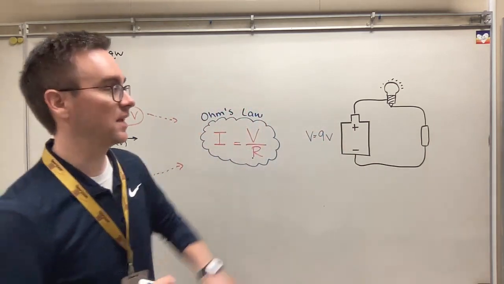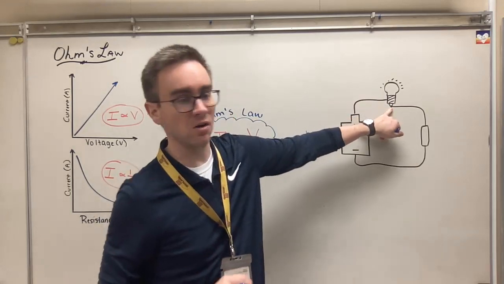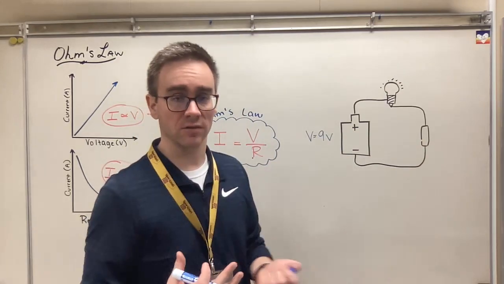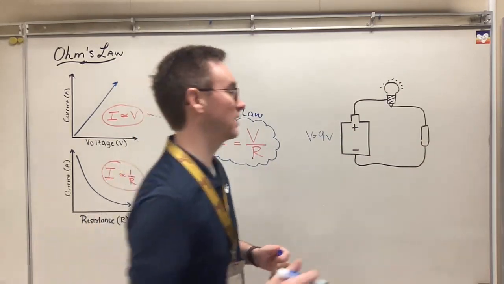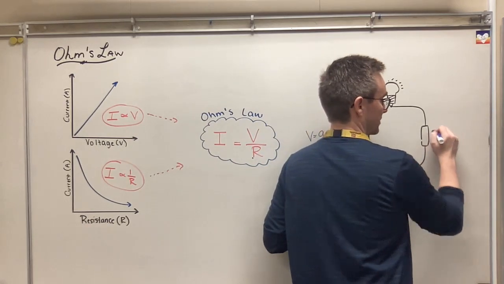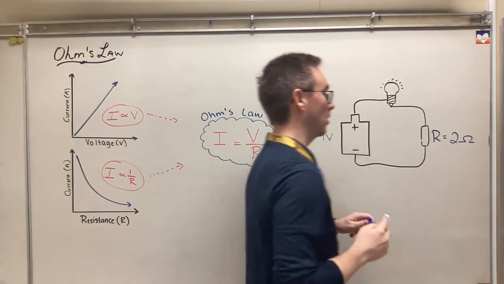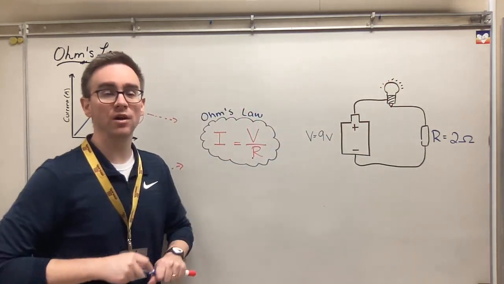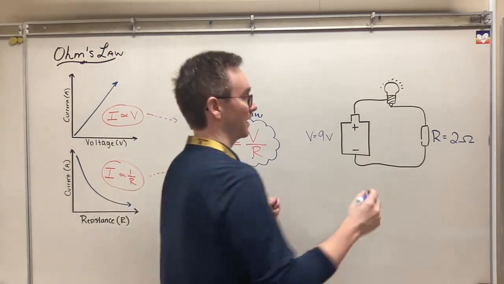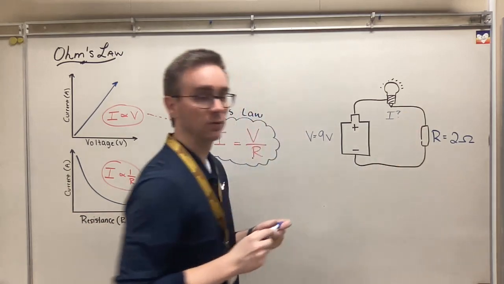Let's say the combined resistance of the wires, the light bulb, and this resistor here, remember, every object creates resistance, is a total of 2 ohms. And I want to know how much current is going through that light bulb.